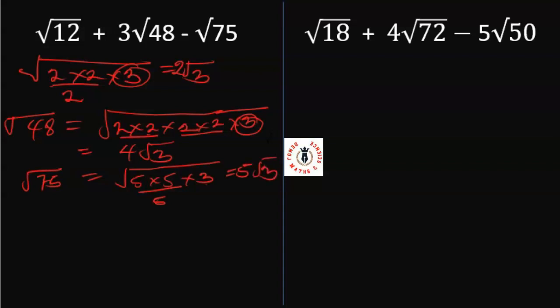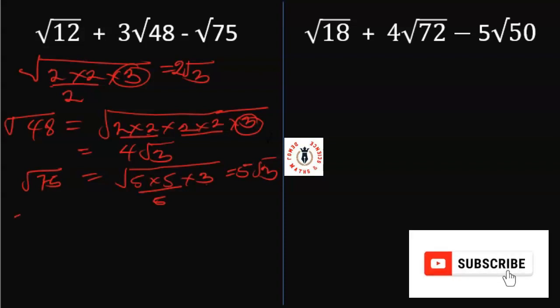So I can now interpret my question. Root 12 is the same thing as 2 root 3, plus 3 times 4 root 3, that's 12 root 3, minus root of 75, which is 5 root 3.